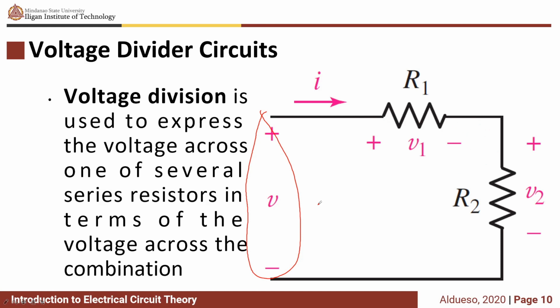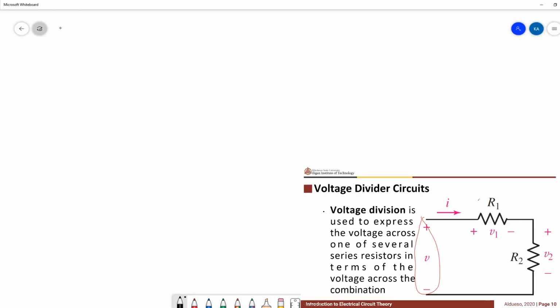Now for this case, we have V equivalent to V1 plus V2, where V1 and V2 can be expressed in terms of the current I. So V is equivalent to I times R1 plus I times R2.